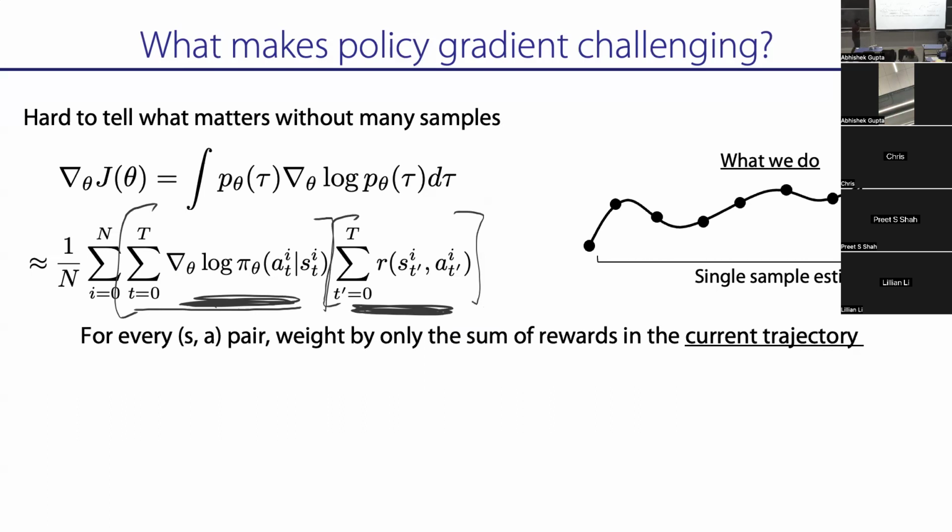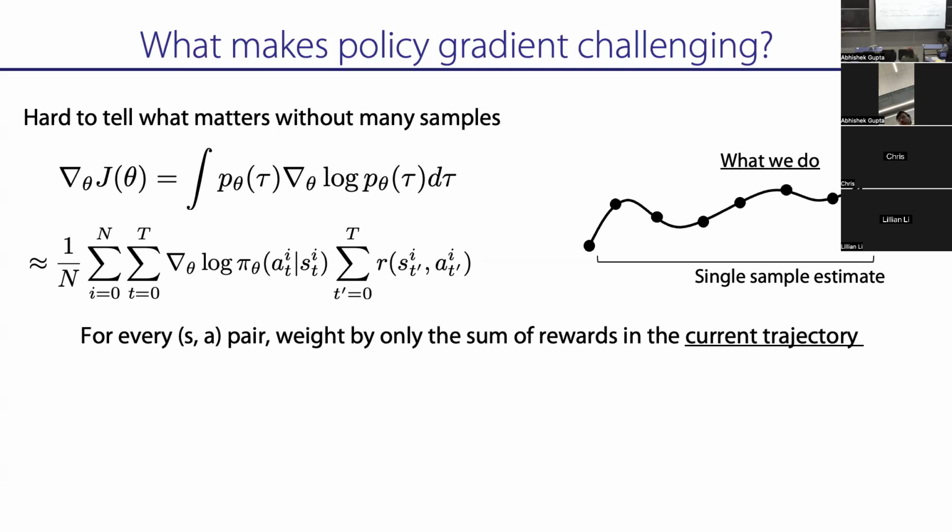It could have been affected by an unlucky sample, or by stochasticities. It could have done 20 good actions and then one bad action and totally ruined it. So essentially you're weighting your objective by a single sample estimate, which is really high variance, as in you need to sample a ton of single sample estimates to get what you want. And this is the issue of variance that is often described in policy gradient.